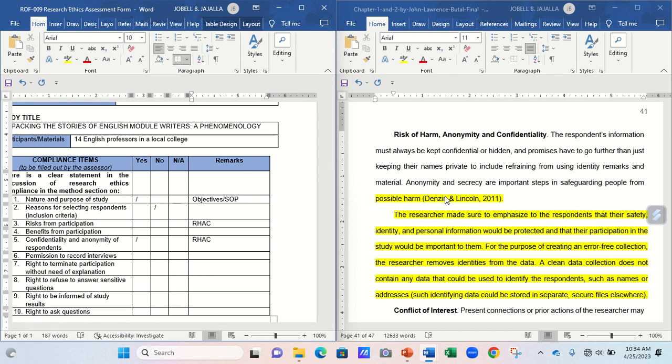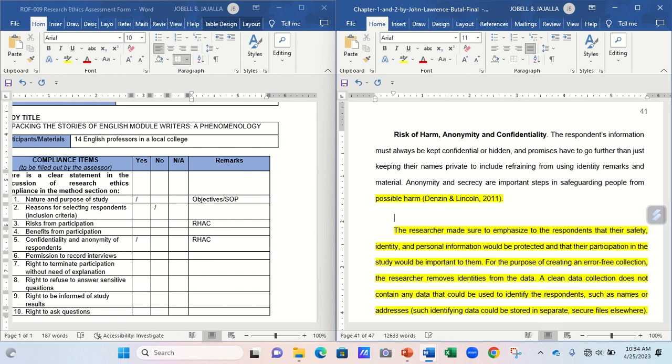Pero wala siya risk, no? So ang risk na to diri ato siyang let's put it this way.